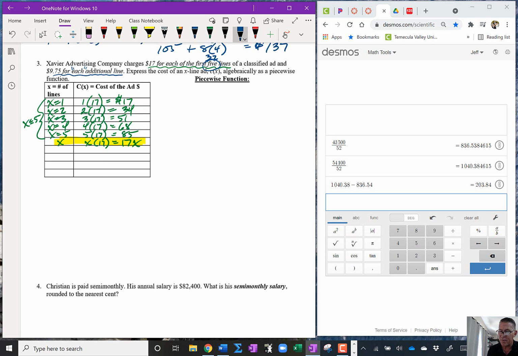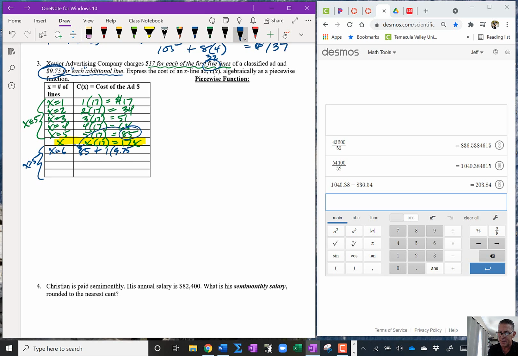Now, things change after 5. So when X is greater than 5, like 6, you've got to pay for the first 5 lines, which is $85, plus 1 additional line. Because 6 lines is 1 more than 5, and each additional line is $9.75.